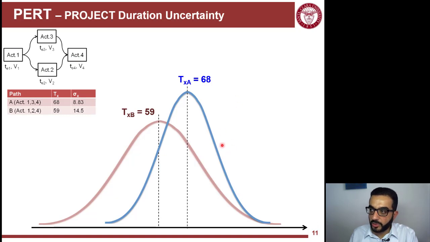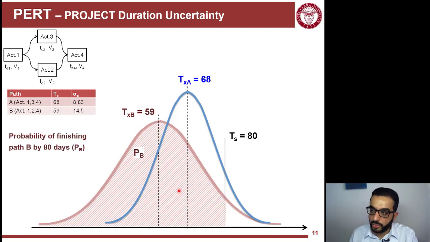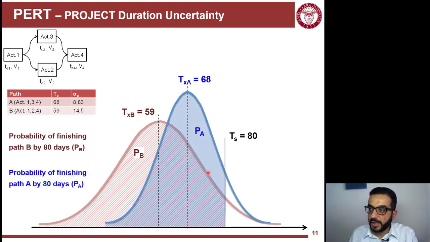And my goal is to finish by 80 days. So now the question turns out to be, what's the difference between the probability of both paths finishing by 80 days? The hatched blue or pink area is the probability of finishing by 80 days for the activities on path B. And the area under the other curve is the probability of finishing path A by 80 days.